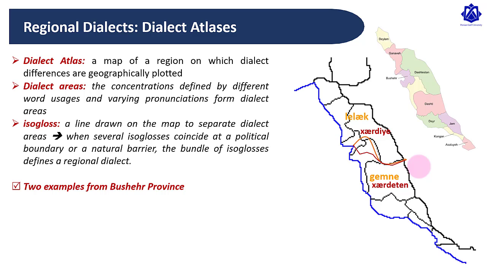Let's go to our example for Bushehr province. So this is the map of Bushehr province, and here I have made an isogloss for the distinction between the words that we use in order to call the broken grains of wheat as cooked, lelak and gemne.